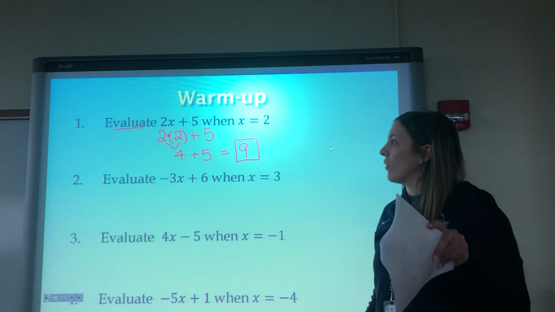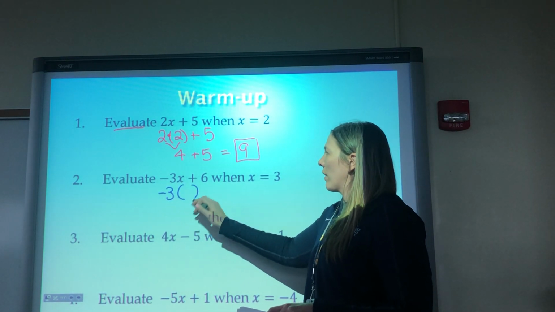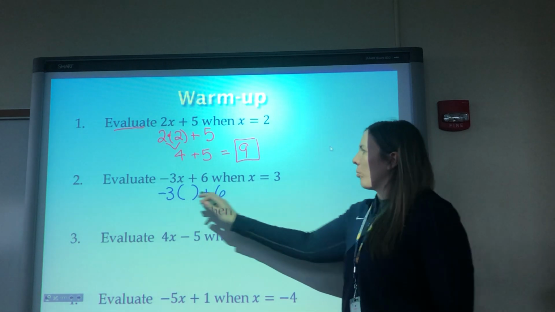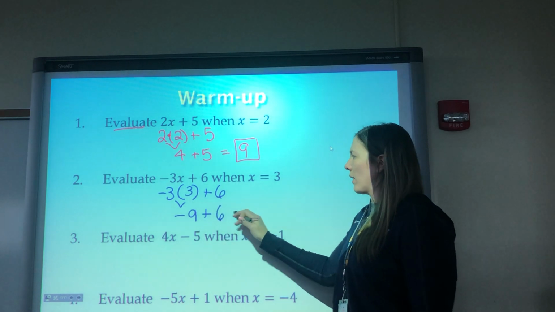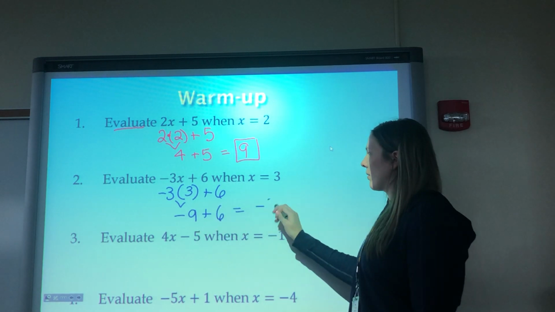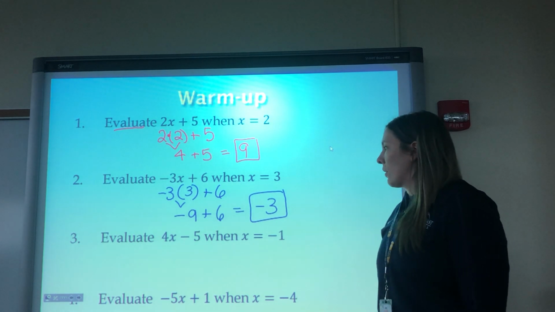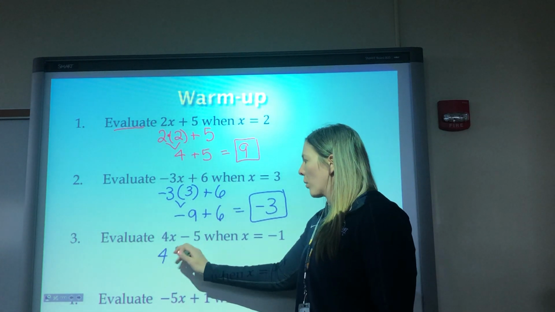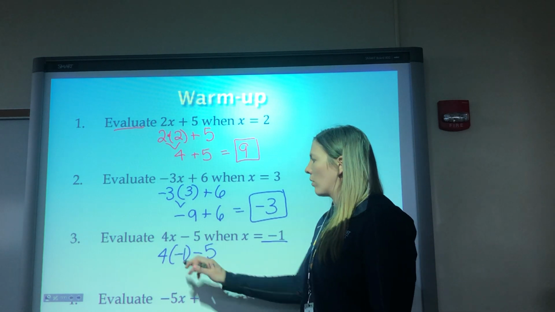Okay, so hopefully for number 2, when we evaluate here, we've got -3 parentheses plus 6. We plug in 3, multiply to get -9 plus 6, and -9 plus 6 should get us -3. Okay, and then number 3, 4 parentheses minus 5, substitute in -1.